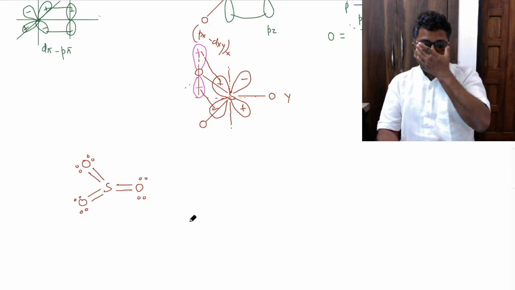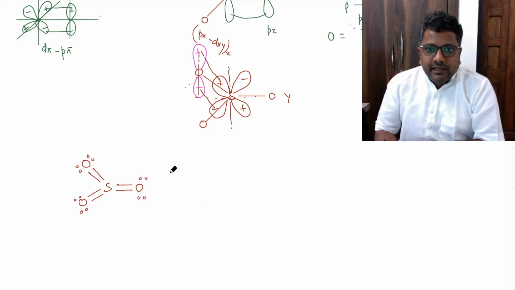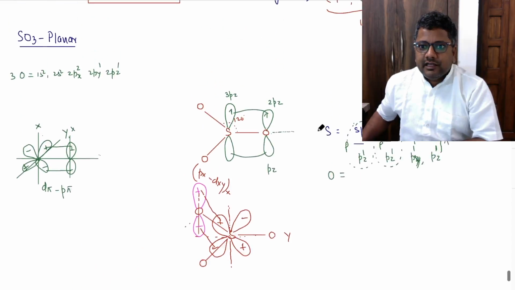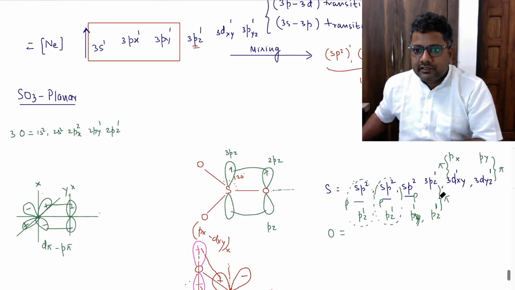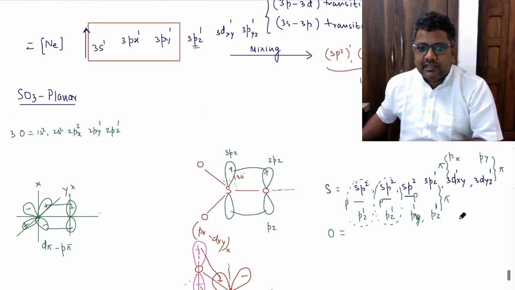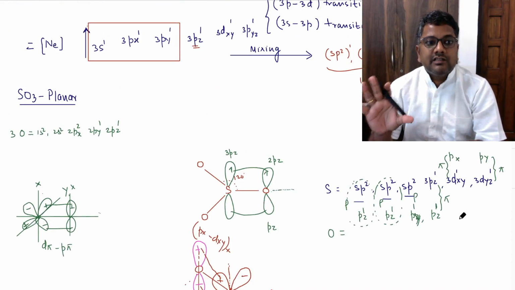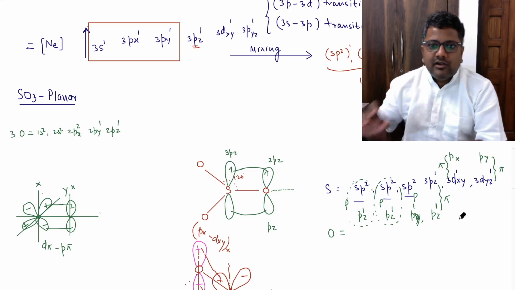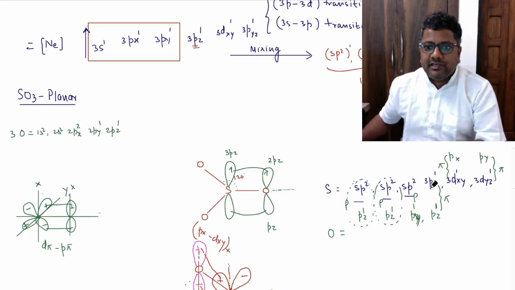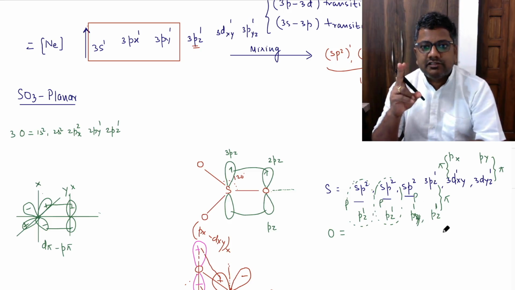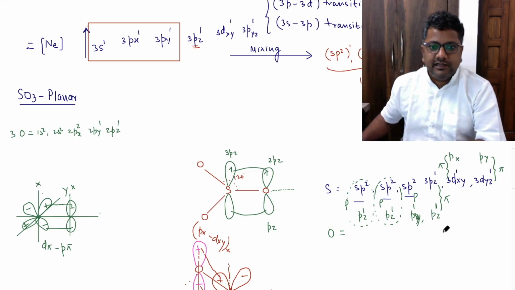Now see here in this sulfur trioxide molecule, three pi bonds are there, and do all three pi bonds have same feature? The answer is no. One pi bond is formed by the PZ overlapping, means p pi p pi bond, and two pi bonds are p pi d pi, right?